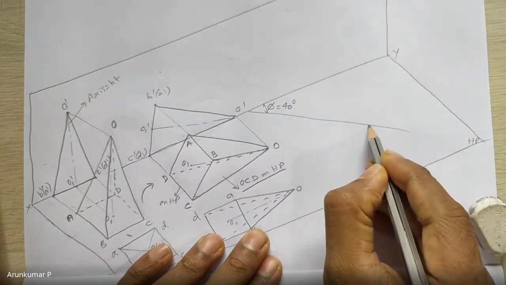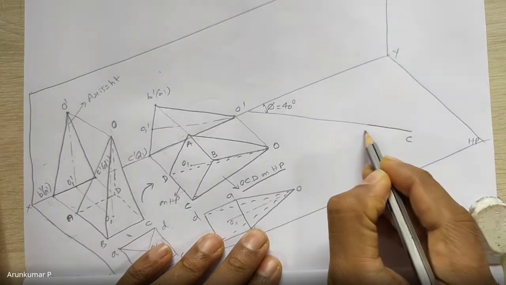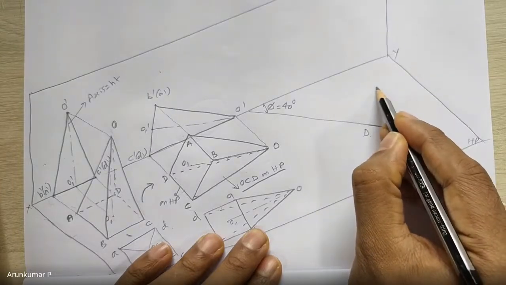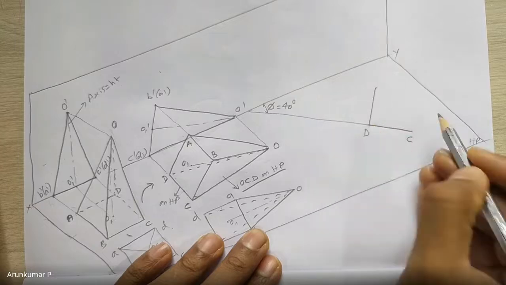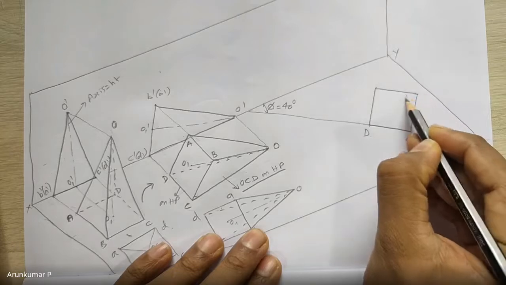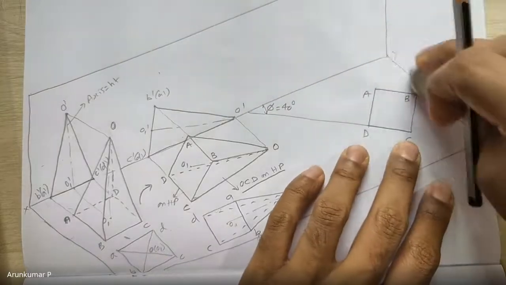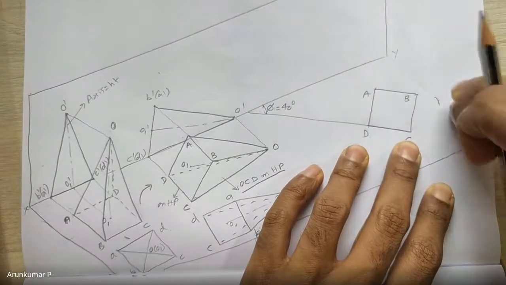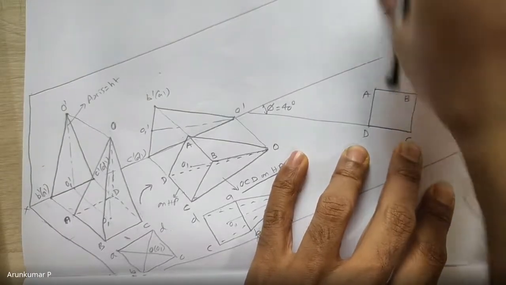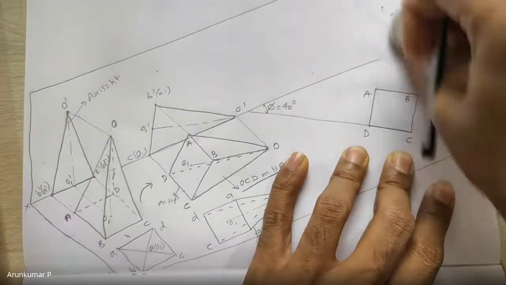So first thing is CD should be on this line. So no problem with that. So this is C and this would be D. And then the remaining things will fall in place. Of course, you have B, you have A, and I'll have to extend this slightly to accommodate the pyramid. I'll extend this VP and HP.